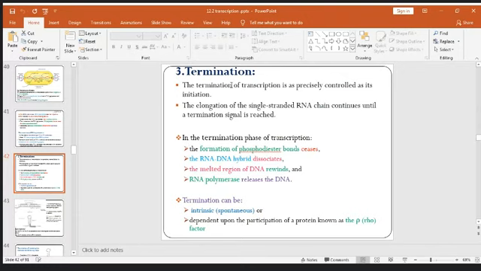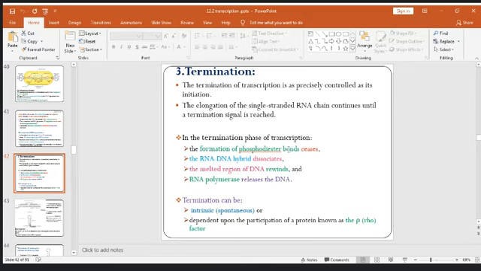Coming to termination, the termination of transcription is as precisely controlled as its initiation. The elongation of the single-stranded RNA chain continues until the termination signal is reached. In the termination phase of transcription, the formation of phosphodiester bonds ceases.